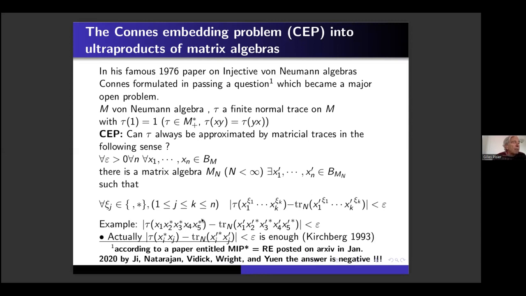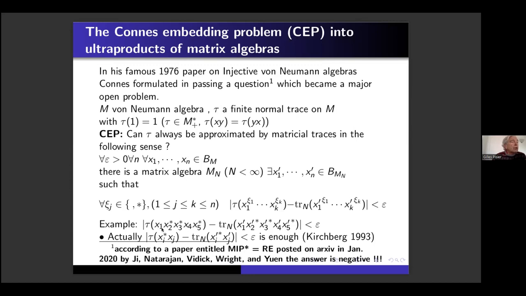So you have an example, which is this, to give you an idea. But actually, I can drop this complicated definition immediately, because one of the very nice results of Kirchberg on this problem is that he showed that you can actually restrict just to 2.